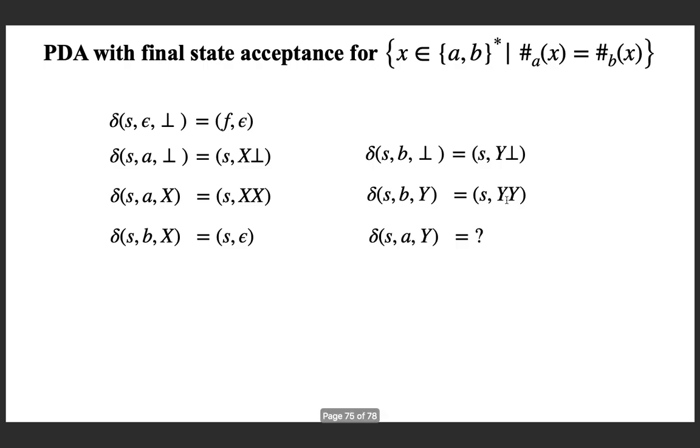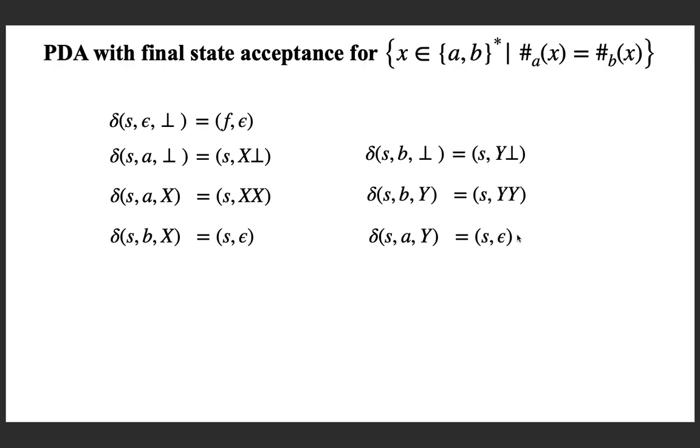Now suppose you get this situation, that is you are getting an a while you have capital Y as the top of stack symbol, just like what you did here. That means previously there was a small b, now you are getting a small a. You can cancel them by taking out that Y. That is what I do.